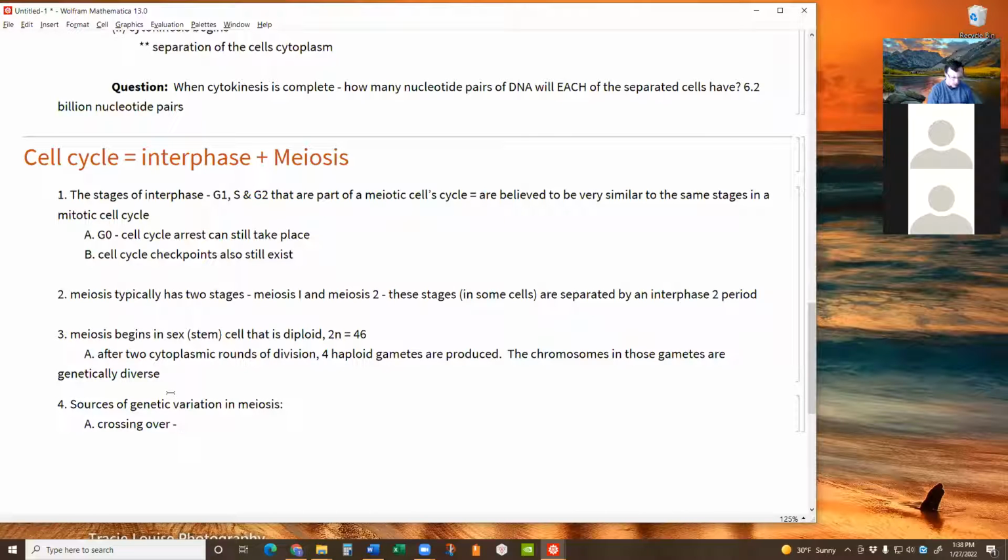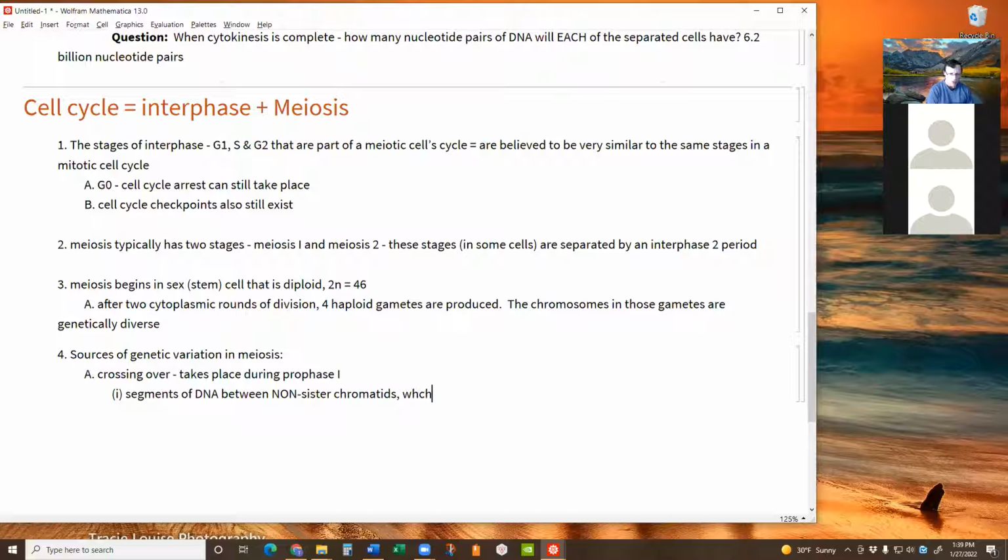So crossing over takes place during prophase 1, and during crossing over, segments of DNA between non-sister chromatids, which are part of homologous chromosomes, swap position.